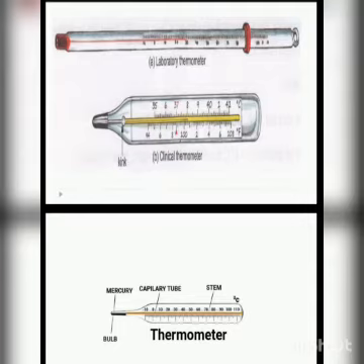Now we have to know the difference between the clinical thermometer and the laboratory thermometer. The clinical thermometer is generally scaled from 35 degrees Celsius to 42 degrees Celsius, or from 94 degrees Fahrenheit to 108 Fahrenheit. So the major difference is the range of temperature measured. The laboratory thermometer is scaled from -10 to 110 degrees Celsius.